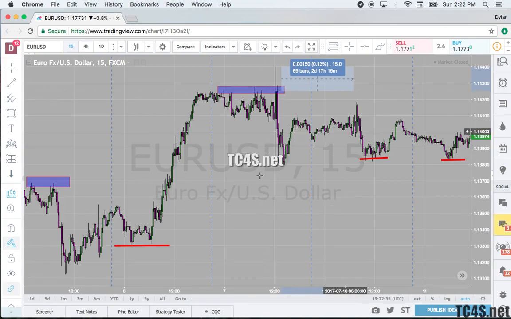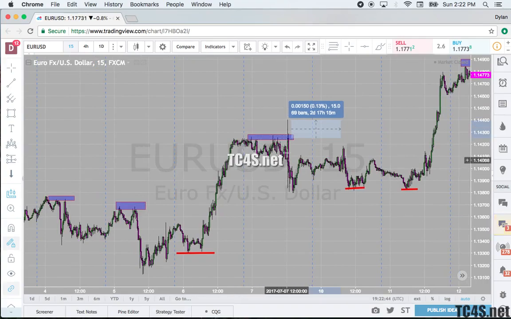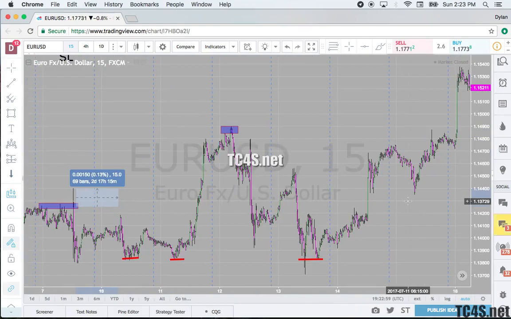So you may want to rethink that, maybe up it a bit, a 20 pip stop loss, but remember you are going against the trend. It is riskier, obviously. When going with the trend, you should have a smaller stop loss. You shouldn't really need that large of a stop loss.